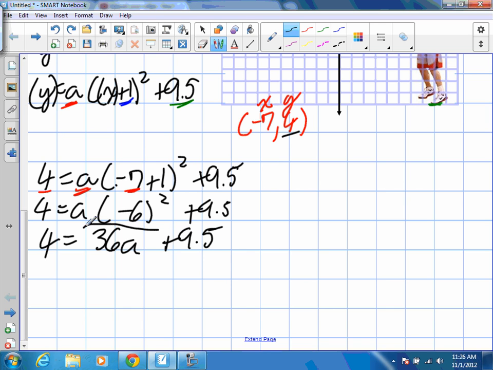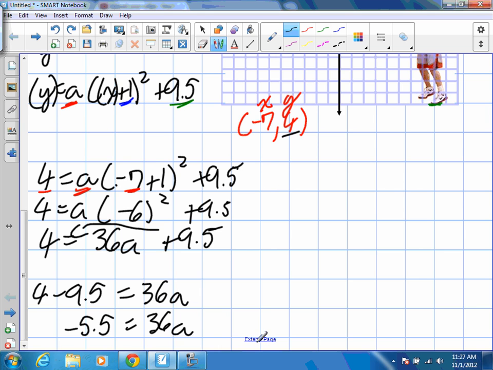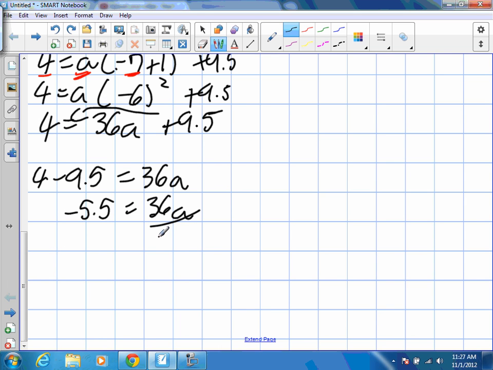We get 4 subtract 9.5, which is equal to 36a. Okay. 4 subtract 9.5, negative 5.5, is equal to 36a. And to isolate a, we need to divide both sides by 36.